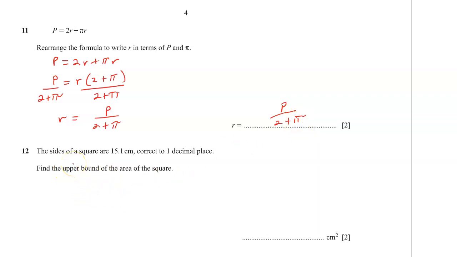Number 12. The side of a square is 15.1 centimeters, correct to 1 decimal place. Find the upper bound of the area of the square.